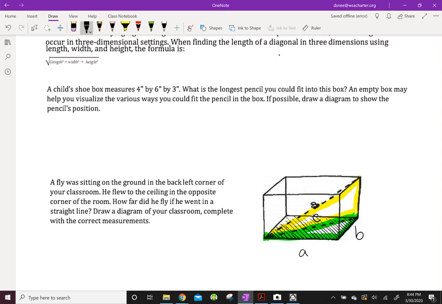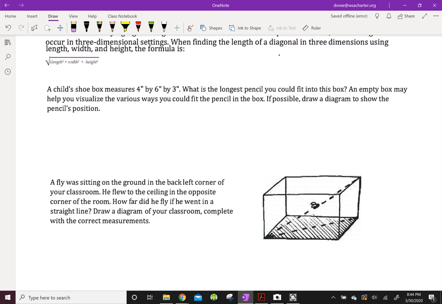And my C sub 2 is up there. So there are two different hypotenuses in two different right triangles, and that's how we were finding that diagonal length. But this time we're going to do something a little bit different.